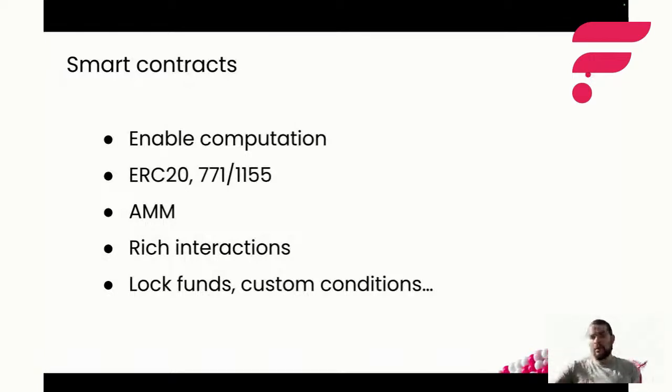So, for example, natively on Flare, you can have ERC20 tokens, NFTs, and much more. You can have AMMs, and we do have a bunch of AMMs, but you also have some additional rich interactions between the contracts. You can also do some additional computing, and all this without having to change your wallet or your development environment, just changing your RPC.